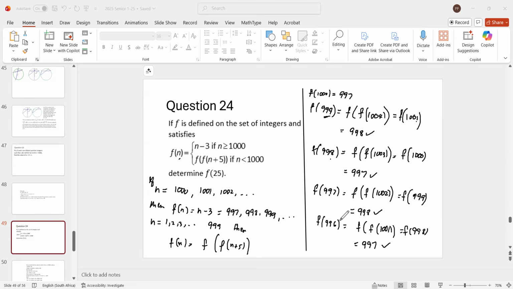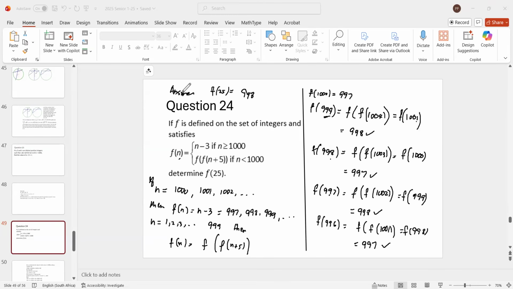But we don't know. The thing may just break down somewhere. But it looks like the answer is f of 25, which is the odd number. It looks as if it's going to be 998.